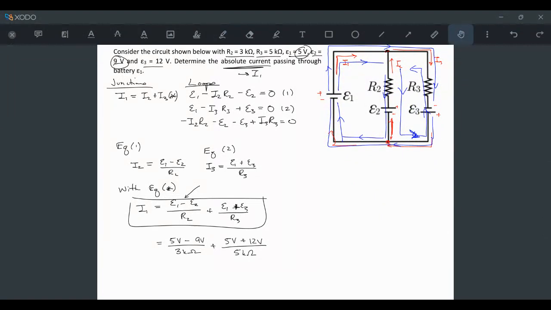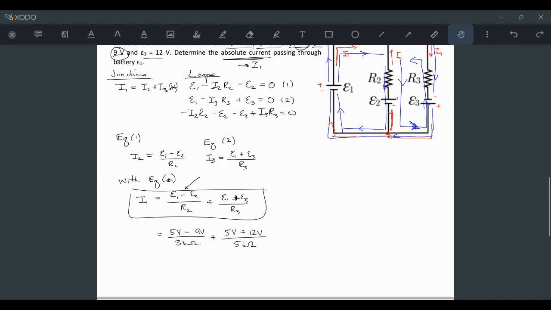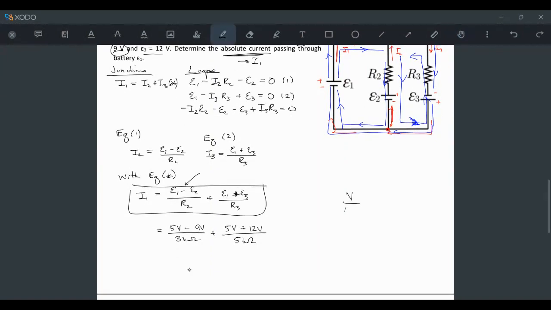It's really handy to remember that volts divided by kiloohms is equal to milliamps. So I'm going to leverage that now and just dump the units at the end and work with pure numbers. 5 minus 9 is minus 4, divided by 3. 5 plus 12 is 17, divided by 5. We'll just say that the units are at the end.